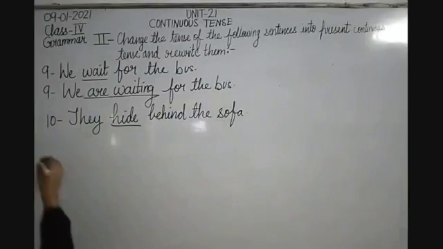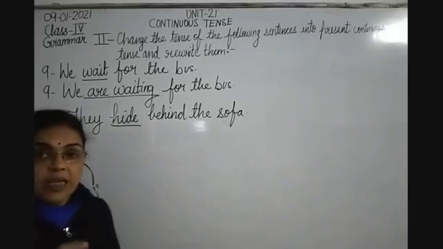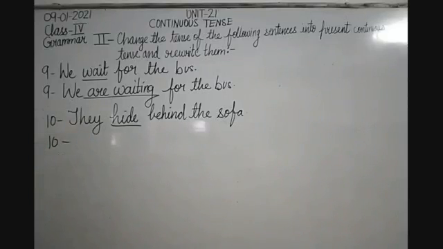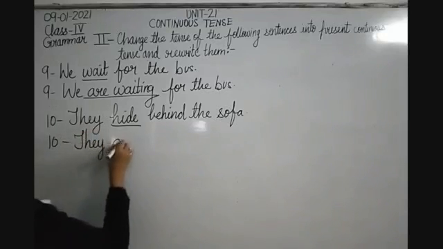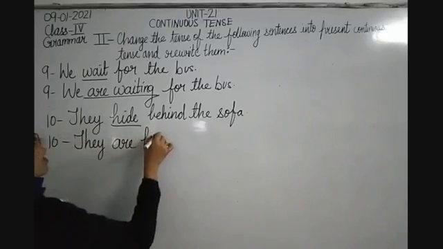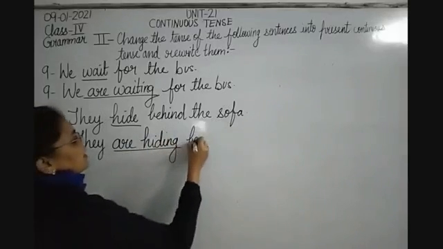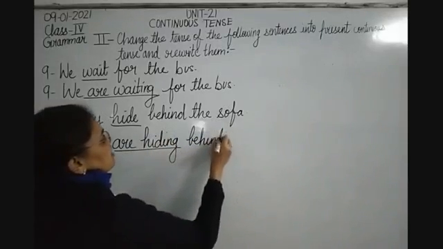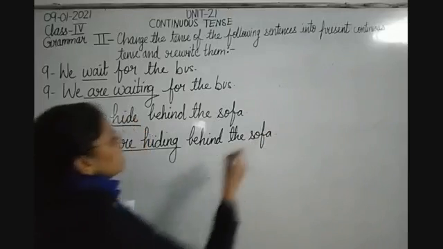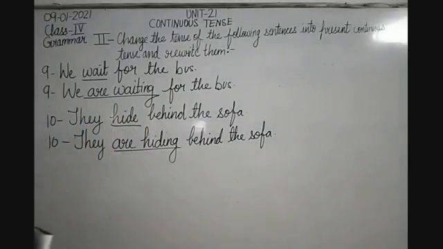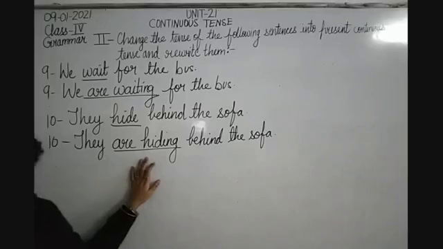So hide का ing form क्या हो जाएगा? Hiding. And subject क्या है? They, plural pronoun. That means हम कौन सा helping verb use करेंगे? Are. They are hiding behind the sofa. They hide behind the sofa. इसका बेटा present continuous tense क्या हो गया? They are hiding behind the sofa.